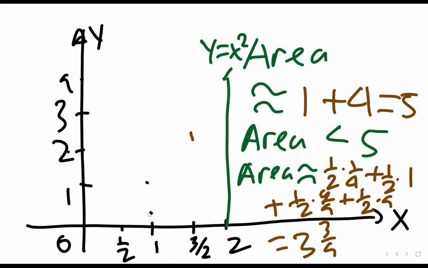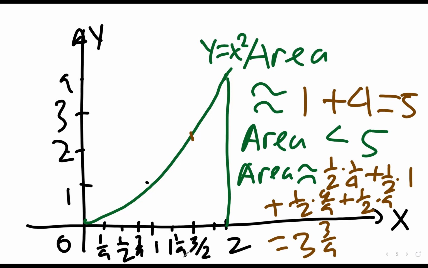If you divide the previous intervals in half, for example, 0 until 1/4, 1/4 until half, half until 3/4, and so on, then again you will have 8 rectangles.